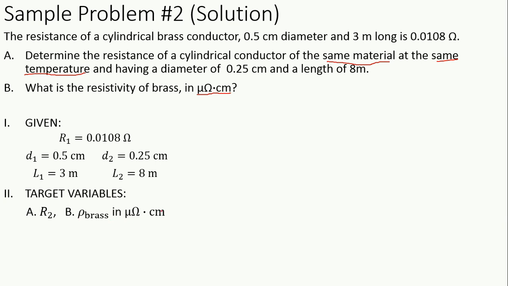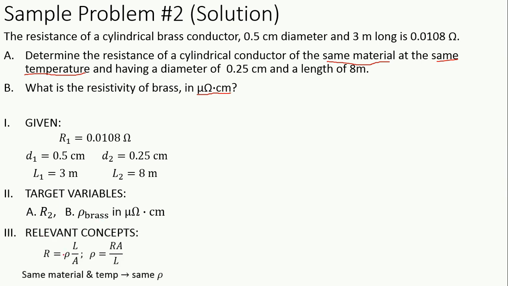Before substituting into the formulas, we first determine the relevant concepts and our general approach in solving this problem. We'll use this formula, the resistance as a function of the physical dimensions of a conductor. It states that the resistance of a conductor is directly proportional to its length and inversely proportional to its cross-sectional area A. It is also a function of the resistivity, which is represented by the type of material of the conductor.